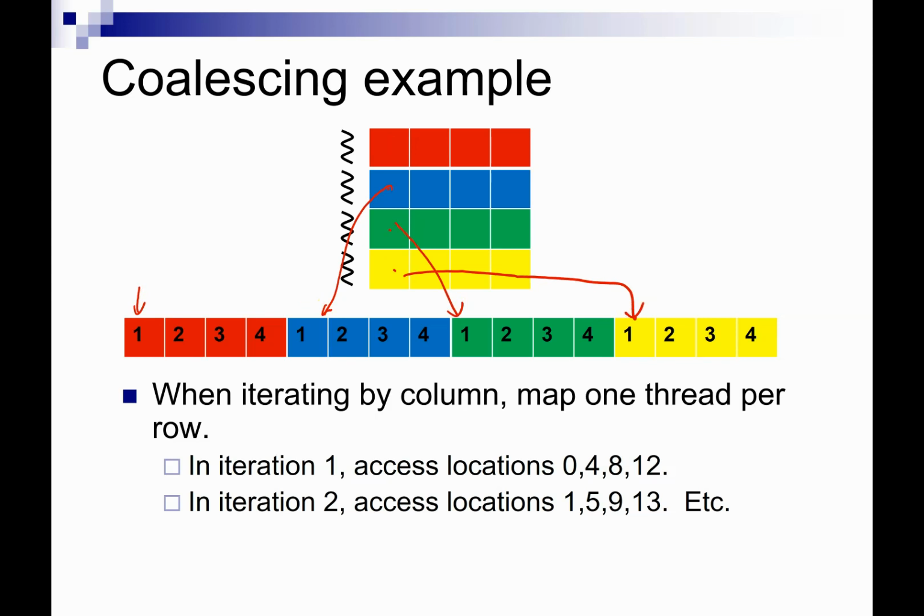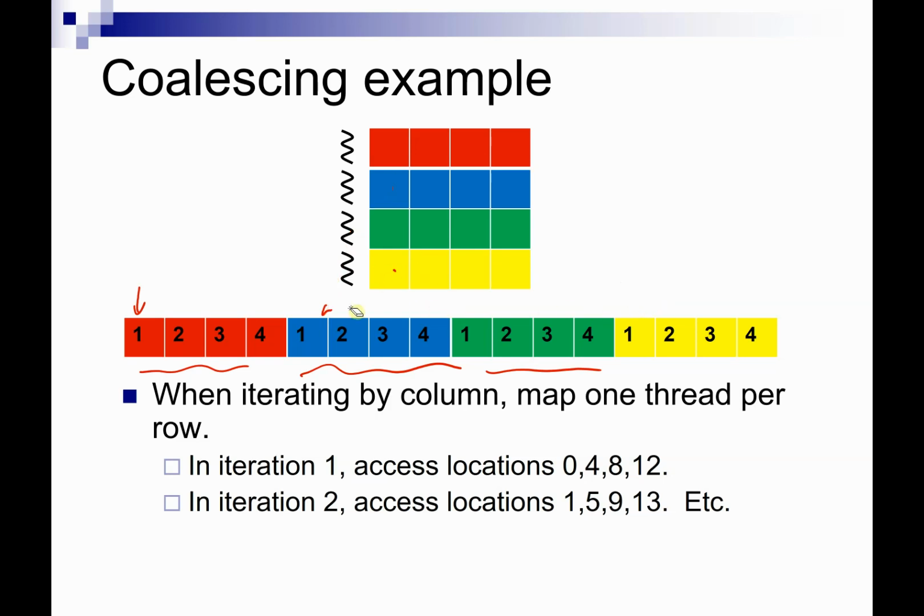These 4 memory locations that this warp of threads is reading lie in 4 different memory segments. Each color here is a memory segment. So they lie in 4 completely different memory segments, and we have a completely non-coalesced memory access on the first iteration.